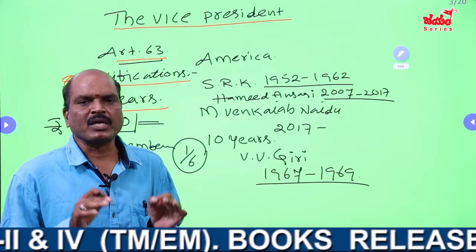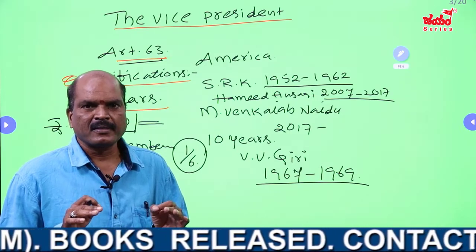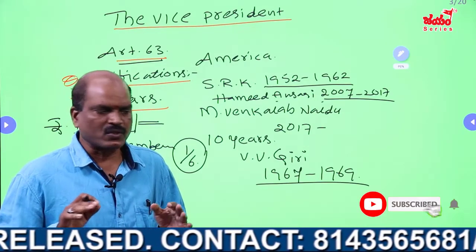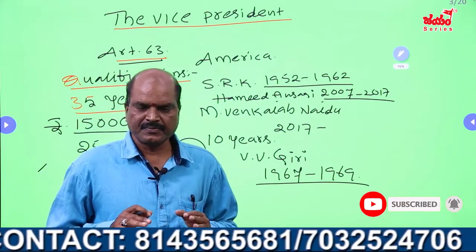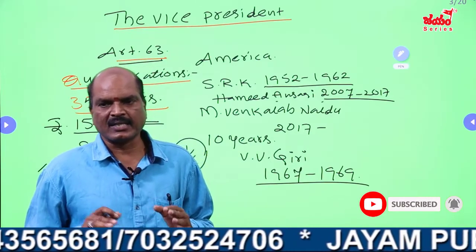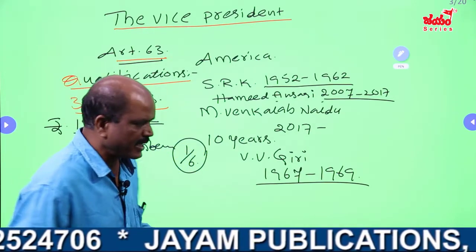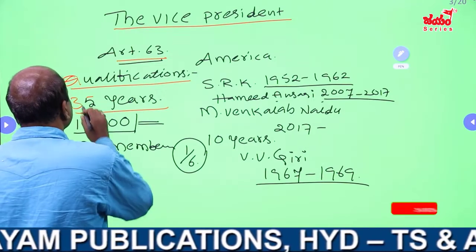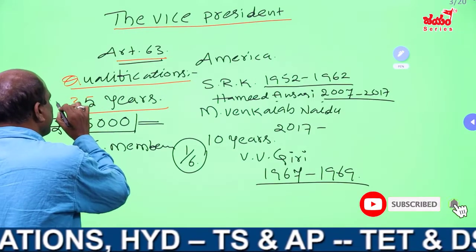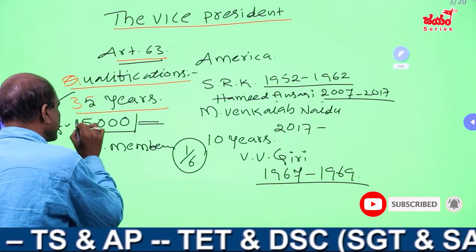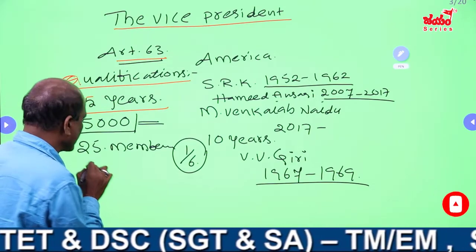Out of the total strength of the Vice President Electoral College. Okay. This is qualification. That is a minimum age of 35 years. Deposit amount is 15,000 rupees.